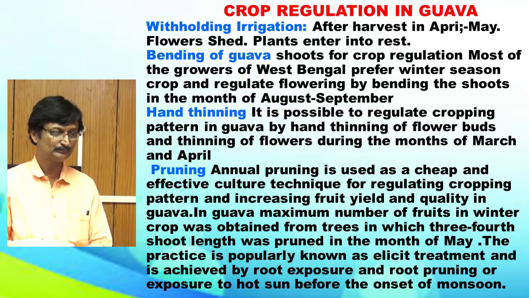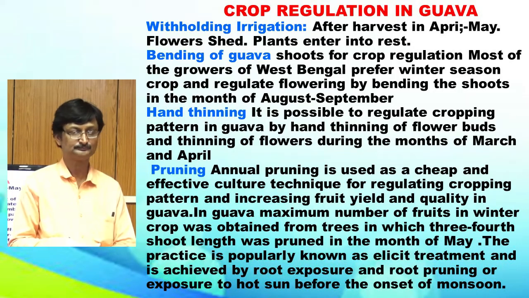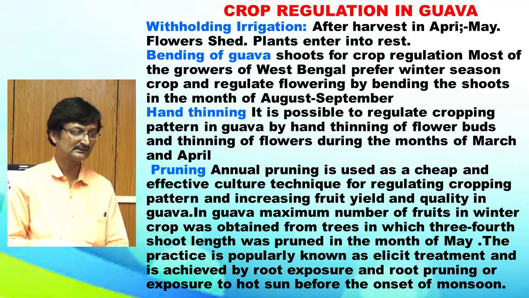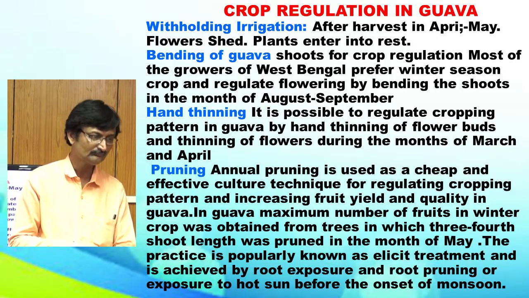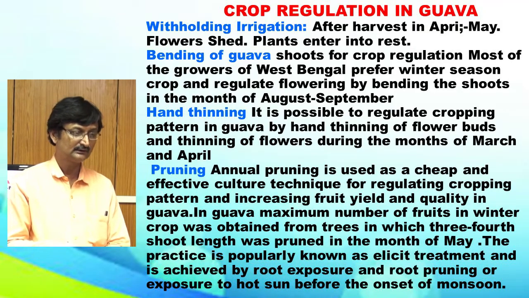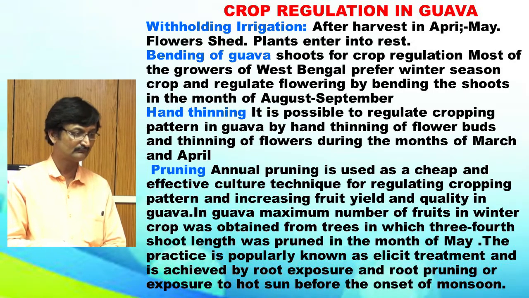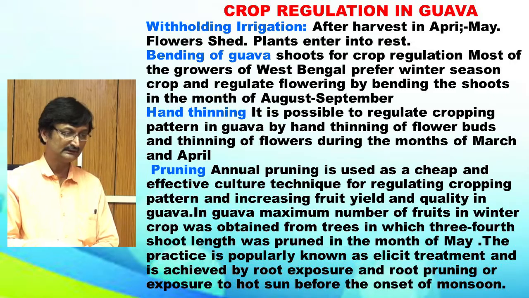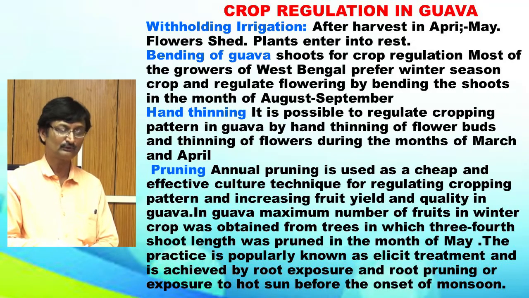After harvest in April-May, the irrigation is withheld. As a result, flowers are shed and plants enter into rest. Second one is bending of guava shoot. Most of the growers of West Bengal prefer winter season crop and regulate flowering by bending the shoot in the month of August-September.